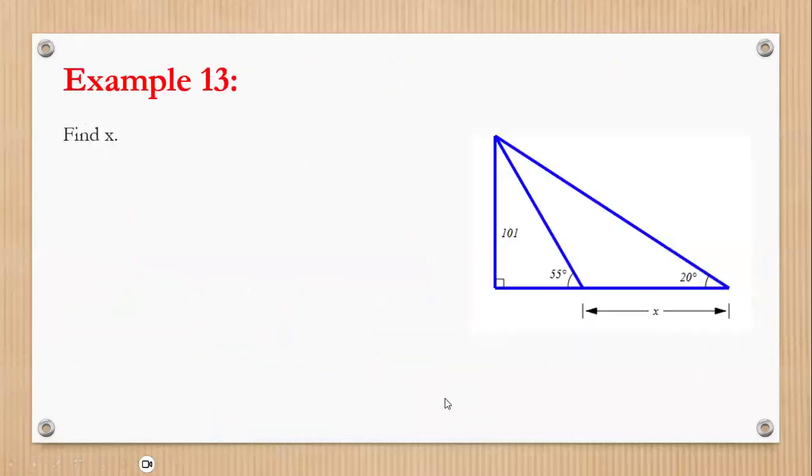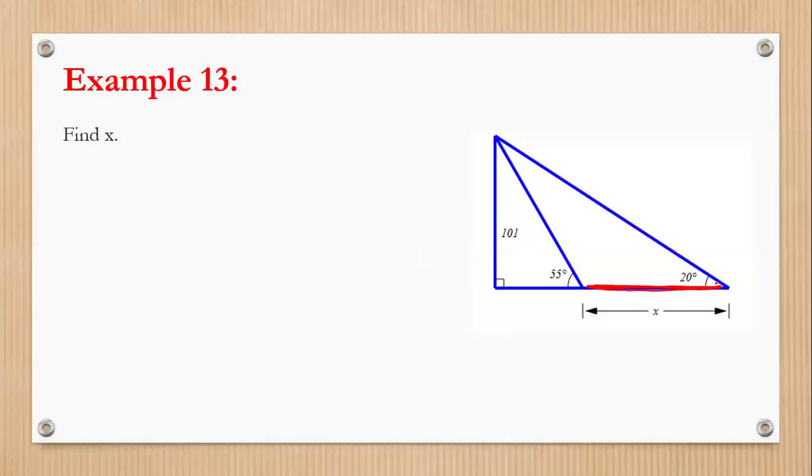Another example. We have this picture and they're asking us to find X. Find this side, just this part. Again, in this chapter, I'm trying to find a right triangle because I want to use right triangle properties.